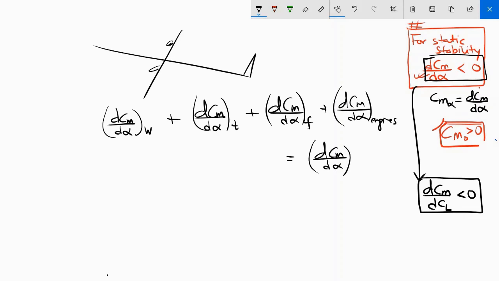So the next subtopic is to look at these components individually. So we want to calculate the wing contribution, the tail contribution, fuselage contribution, and the engine contribution.